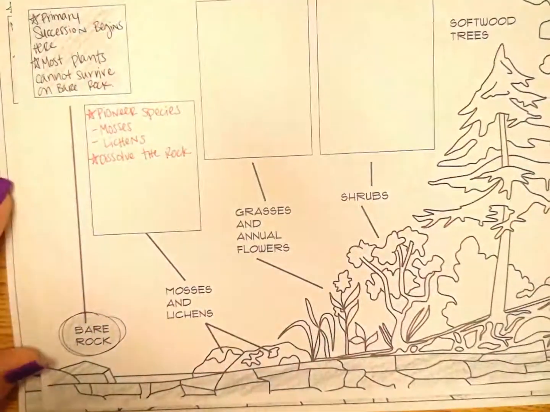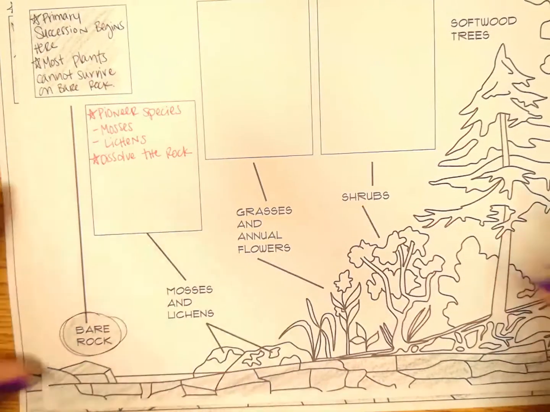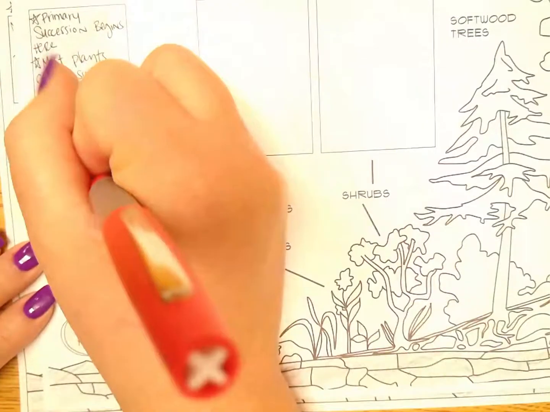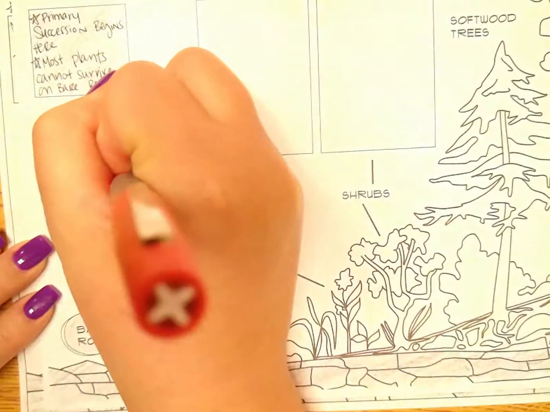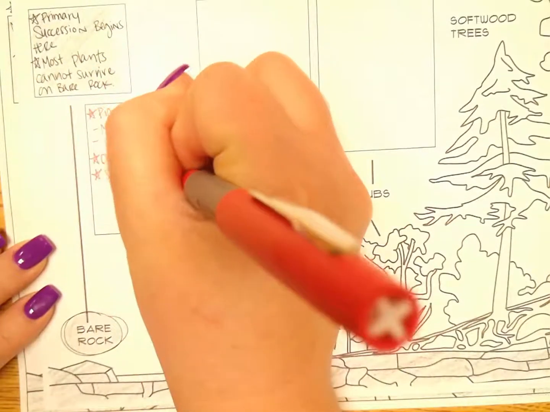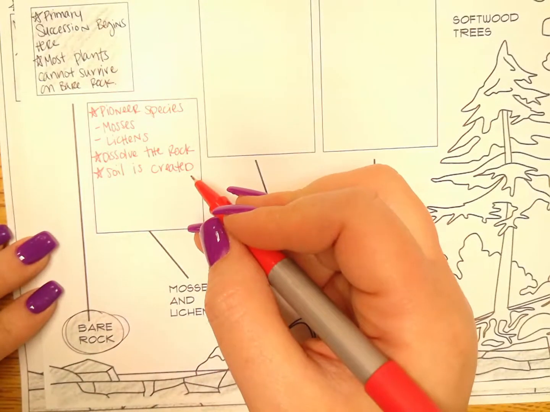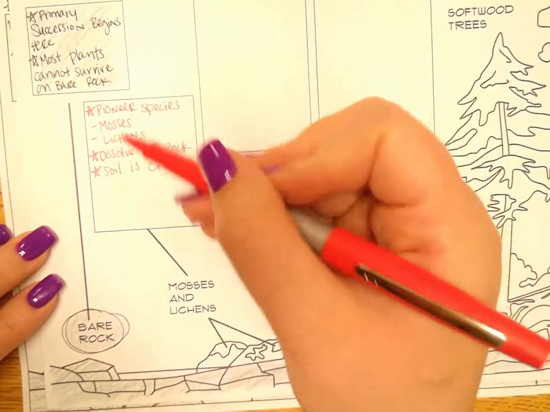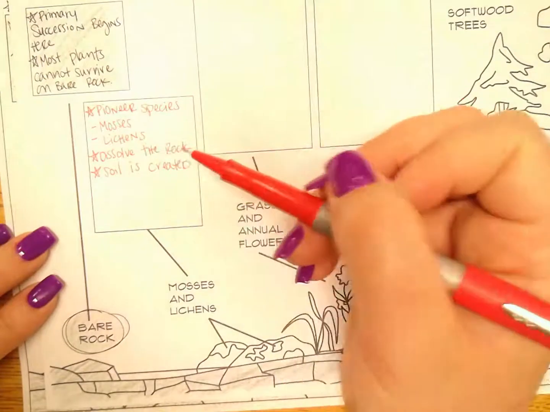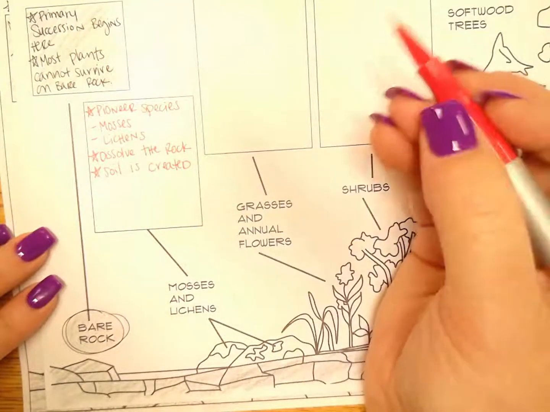So slowly over time, other plants can grow, because there's soil being created, not just by weathering and wind and water weathering, but by the weathering of these mosses and lichens dissolving that rock, right?